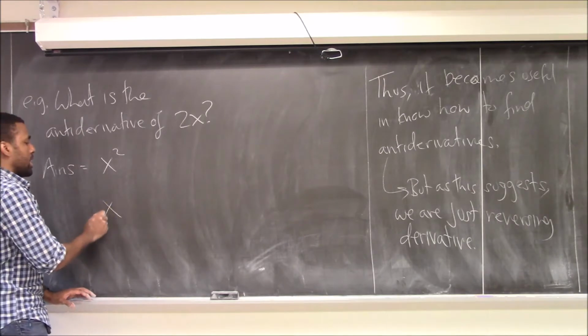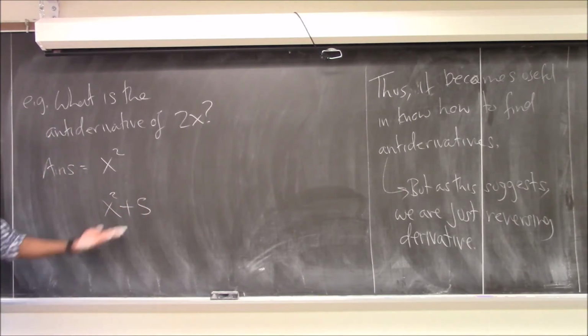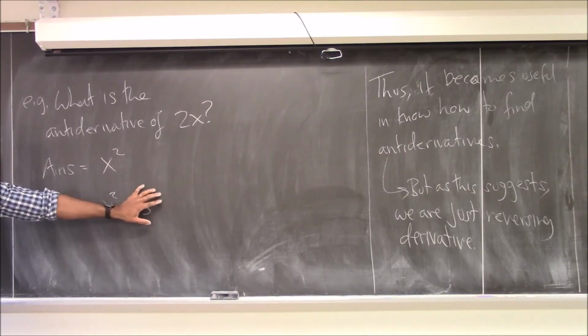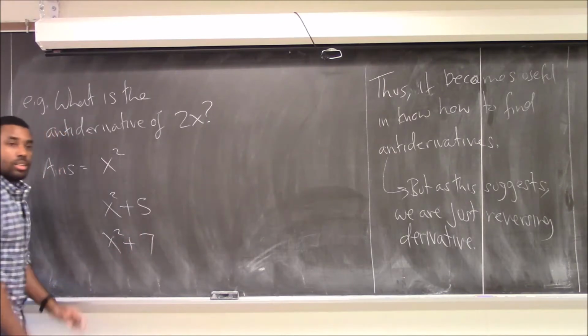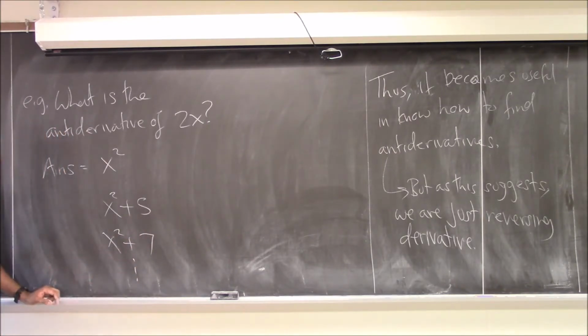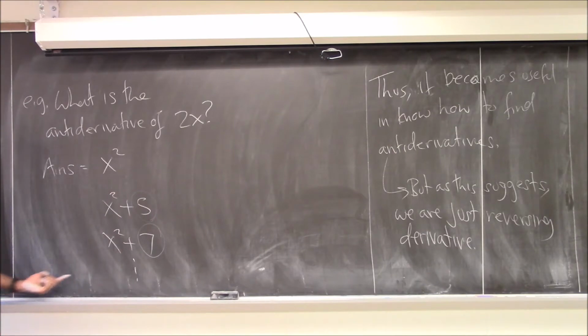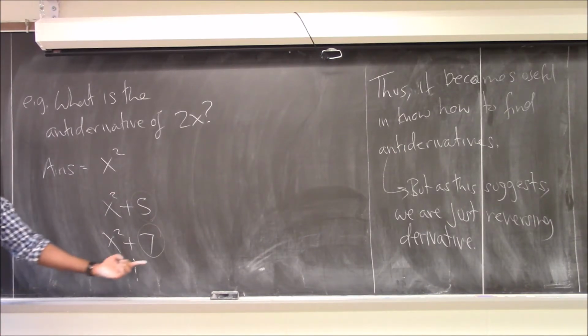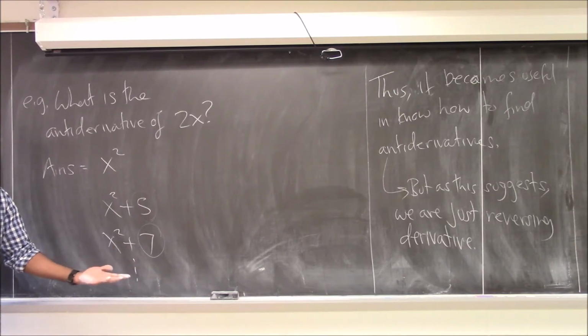What if I took x squared plus 5? I differentiate that, the constant term goes away, and I end up with 2x again. Or if I take x squared plus 7, that's the c, right? It's the same thing. Whenever I have a constant, I differentiate it, the constant dies, so my antiderivative has to have a placeholder for a constant. When I was writing the definition, I said an antiderivative. I never said the antiderivative, because there's not actually one.